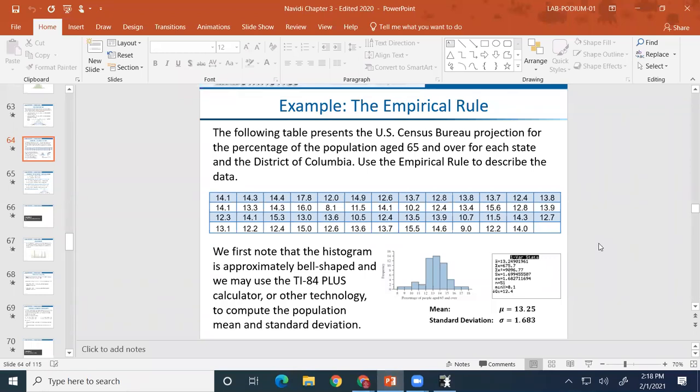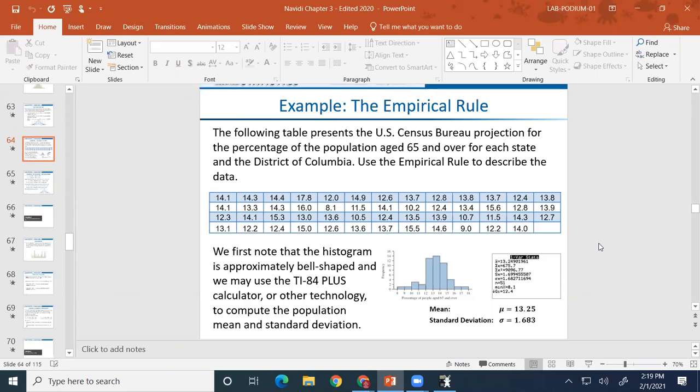What they've done is they've run a histogram for that. Now, I don't know if they did the histogram with the calculator. They may have. But that's the histogram for it. You can see that it's more or less normally distributed. You have to sometimes have a good imagination, because very, very few data sets in real life are going to be perfectly symmetric. Optimally, you want one that increases at the same rate, gets a peak, and then comes back down at the same rate, where it almost looks like a mirror image.